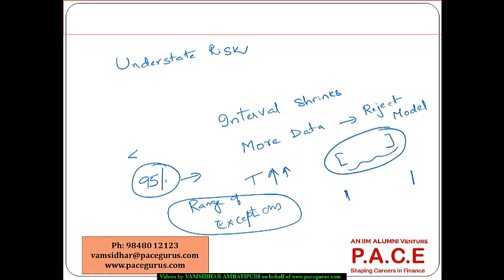Once they compute the 95%, they apply a multiplication factor on top of it to adjust it to 99% or 99.7% as required by Basel or the regulatory requirements. So that's a typical way of computing the VAR or backtesting the VAR using the failure rate kind of models. All right.